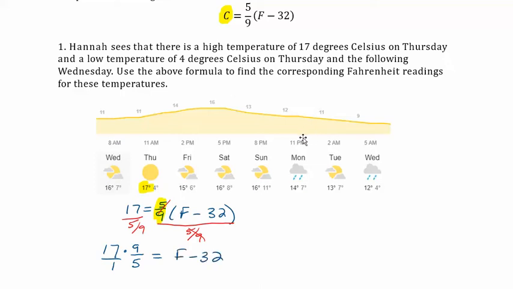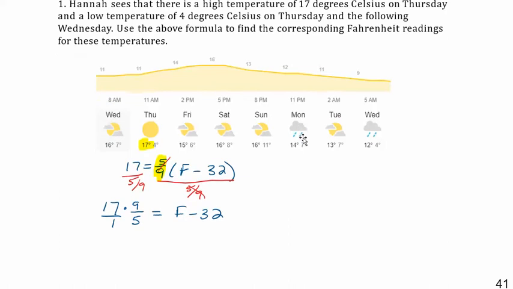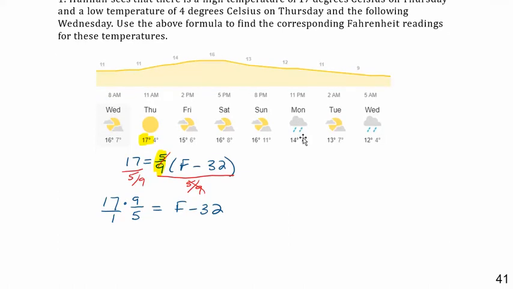All right, let's perform the computation. 17 times 9/5. So we're going to do 17 times 9, which is 153 over 5. Now that's not a particularly nice number. We could go ahead and divide it. It should be a pretty nice decimal. Any fifths would be nice.